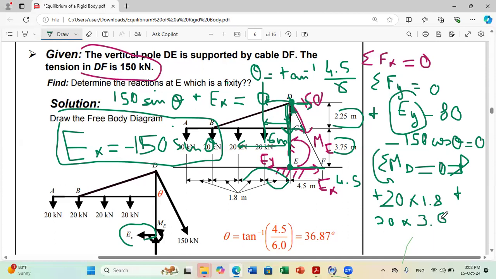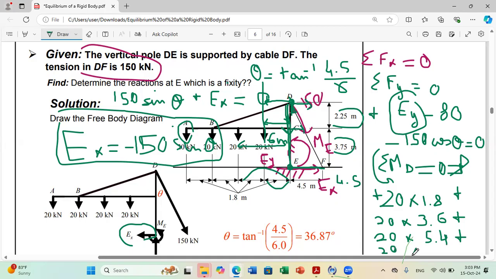For the third force, you need to add an additional 1.8 meters, so you have plus 20 times 5.4. And finally, for this force at A, the distance is 4 times 1.8, which is 7.2. So you should add plus 20 times 7.2.